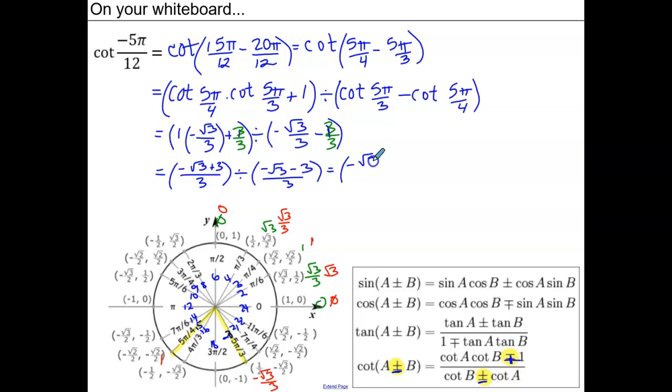So negative root 3 plus 3, all divided by 3, is being multiplied now by the reciprocal of this second fraction. So 3 divided by the quantity negative root 3 minus 3. Okay, then these 3's cancel on the diagonal, and that simplifies to a negative square root of 3 plus 3 divided by a negative square root of 3 minus 3.